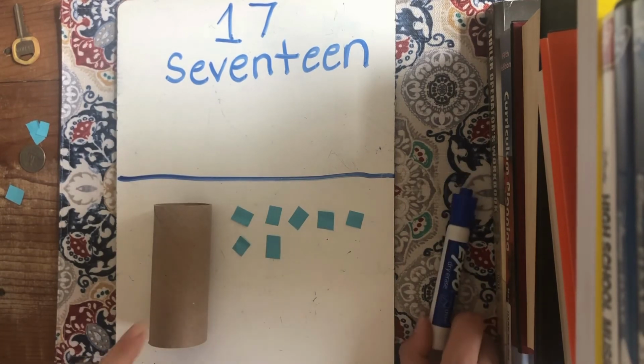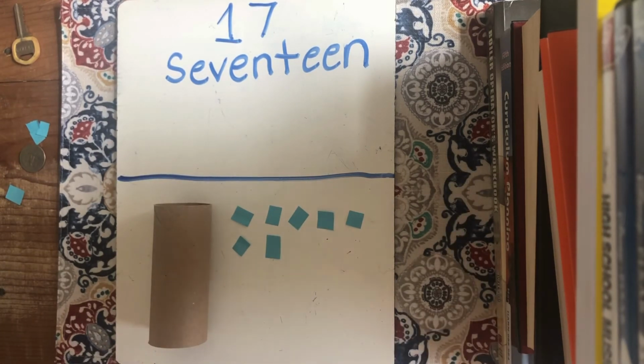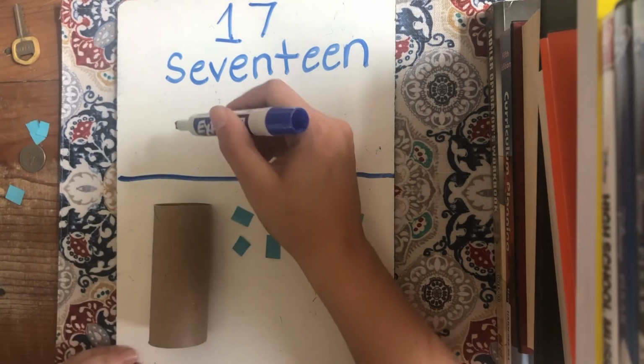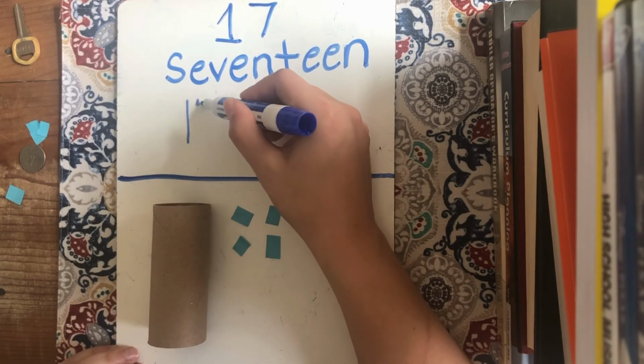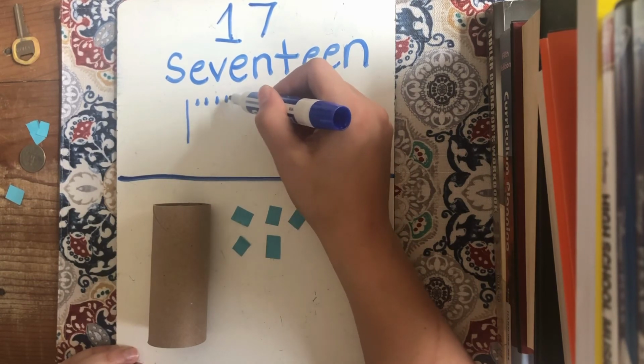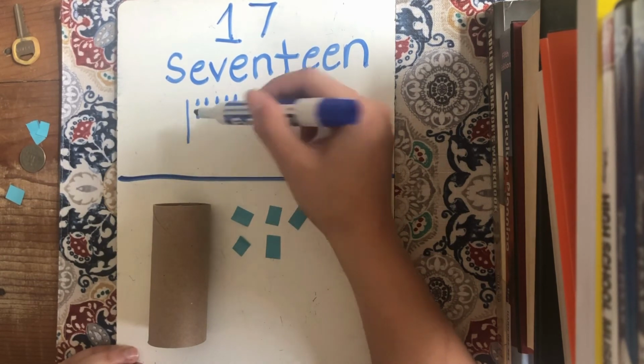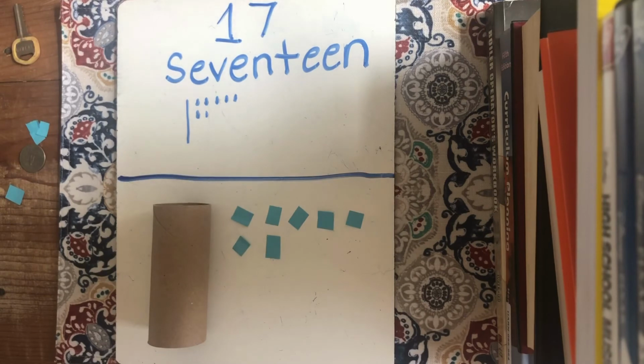So we've got 1 ten and 7 ones. So I'm going to draw a picture of what that looks like. We have our stick and then our 7 ones. 1, 2, 3, 4, 5, 6, 7. And that is what 17 looks like in place value form.